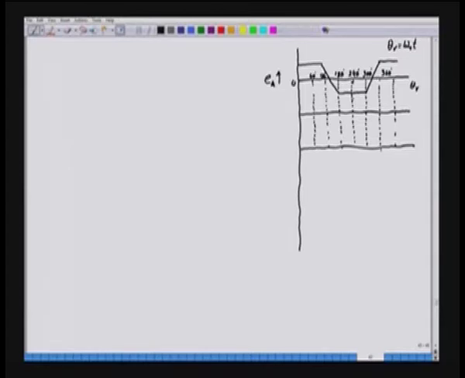So, phase B will have this positive voltage after 120 degree of phase A, and this will display the same waveform like this. This is for phase B.